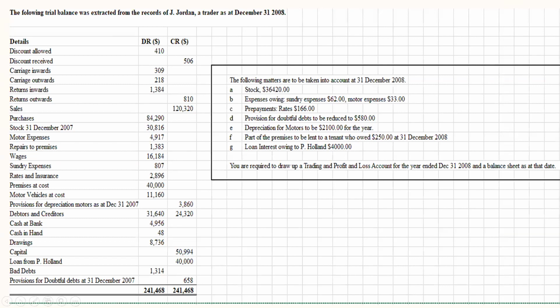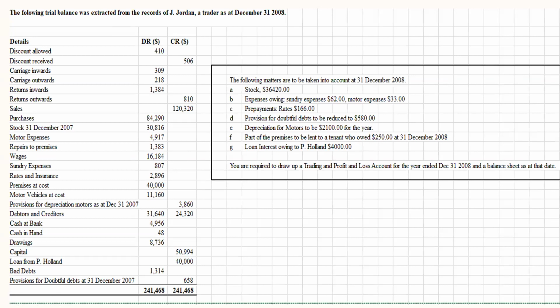Loan interest owing to P. Holland. Interest is the expense. Loan is our liability. Interest, expense, you hear the word expense, it goes to the profit and loss account, and the loan obviously will go into our long-term liabilities.